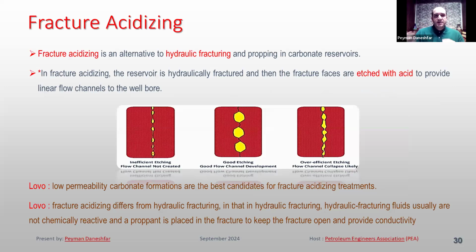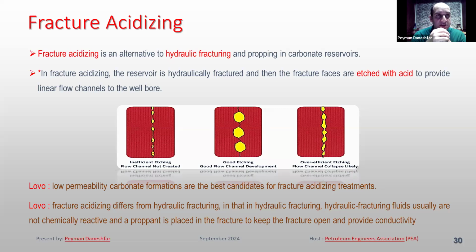Fracture acidizing is an alternative to hydraulic fracturing or prop fracturing. In fracture acidizing, we do our jobs with the acid, but in hydraulic fracturing, we inject a non-reactive fluid to create a fracture, and after that we pump a prop to keep the fracture open.